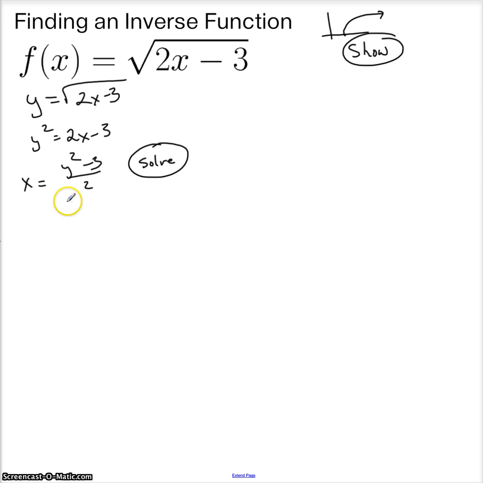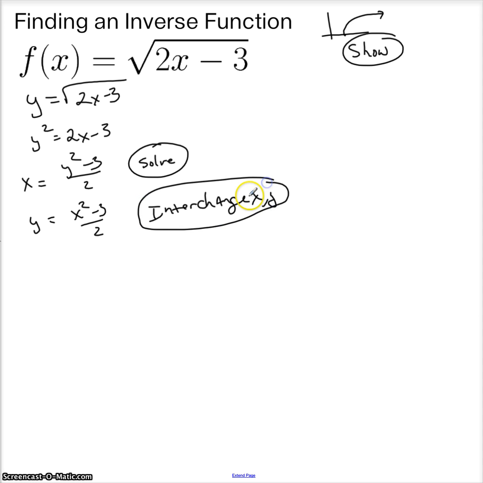Now I want to interchange x and y. So y is equal to (x squared plus 3) over 2. Now I'm going to replace y with f inverse.